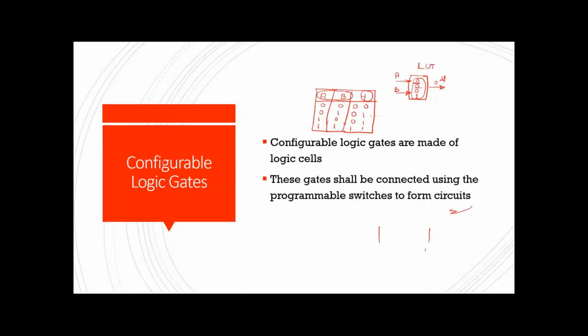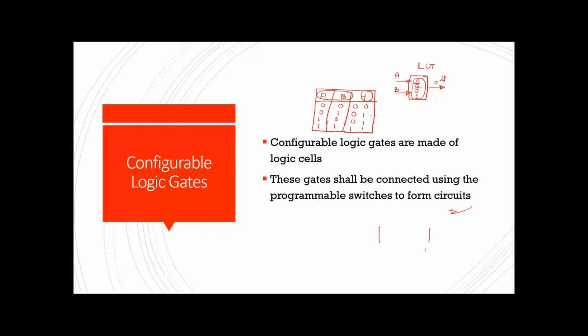Internally it is a memory, an SRAM based memory, but we are configuring it. That's why it is called configuration. We are configuring this memory with various values to make that memory cell act like a logic gate.